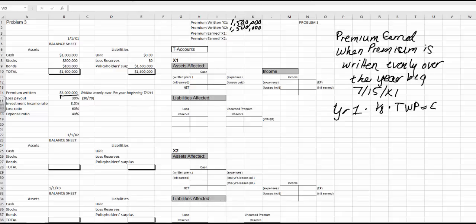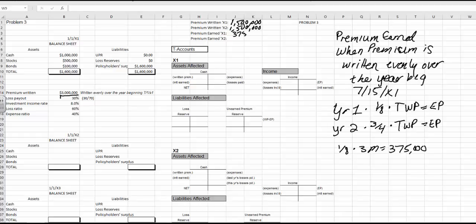So that's earned premium for year 1. For year 2, 3/4 or 75% of the total written premium, again your 3 million, equals the earned premium. So we already calculated 1/8 times 3 million equals 375,000.